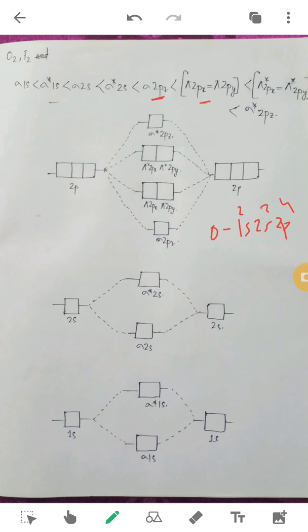Now oxygen plus oxygen, so I'll get 16 electrons in total. Let us arrange that with 2, 2, 2, over here 2. So how many? 8, 9, 10. Now this 2 will be 14 then, and 15 and 16. So this is our arrangement.